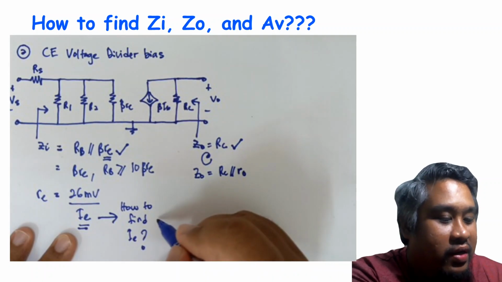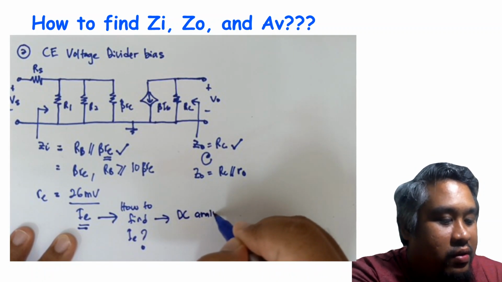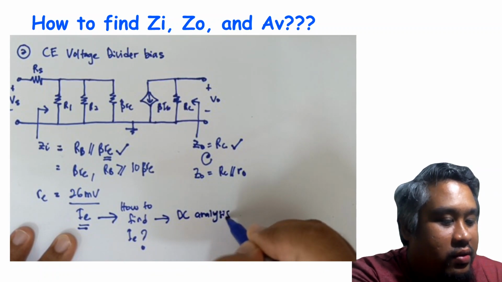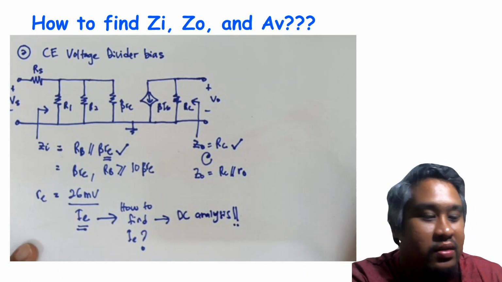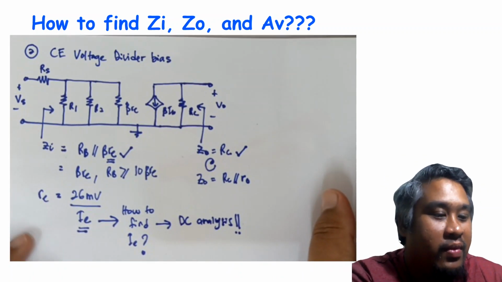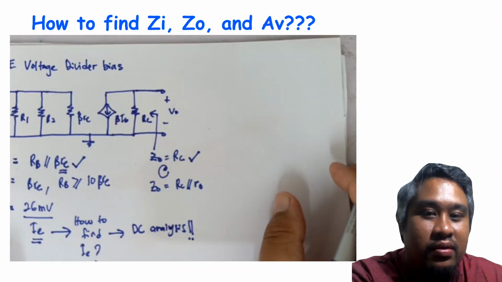To find IE, we have to use AC analysis. How to use AC analysis?